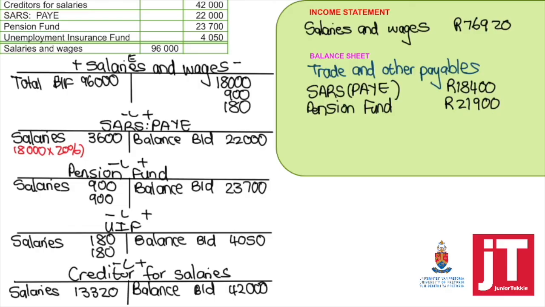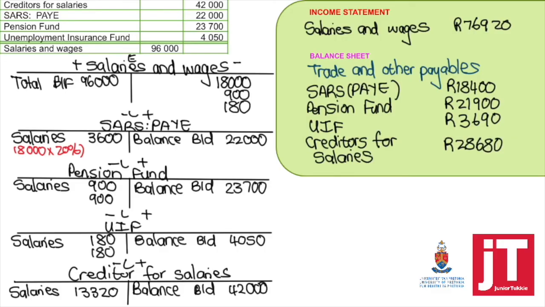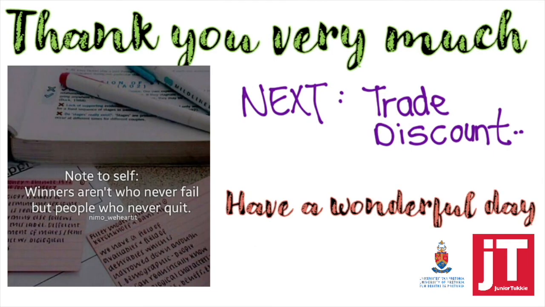The pension fund, 23,700 minus 900 minus 900 equals 21,900. UIF, the balance brought down, 4,050 minus 180 equals 3,690. Creditors for salaries, we have a balance brought down from the pre-adjustment 42,000 minus the 13,320 equals 28,680. This concludes salaries and wages.